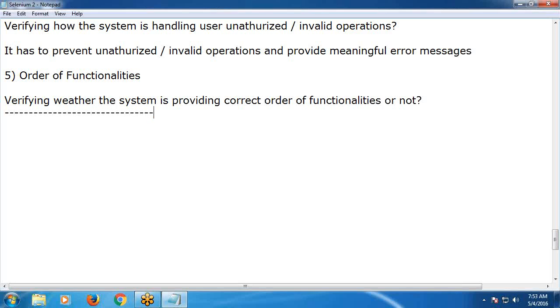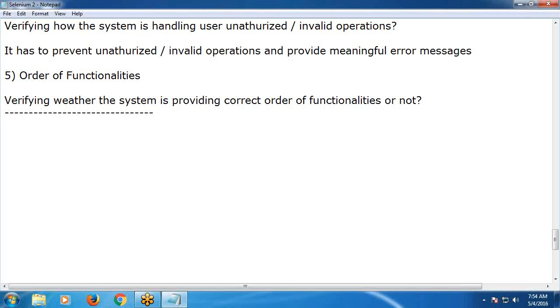For that, the order of functionalities is: first launch the Gmail homepage, next enter email and password, submit, then select compose, then compose email and send. This is the correct order of functionalities.